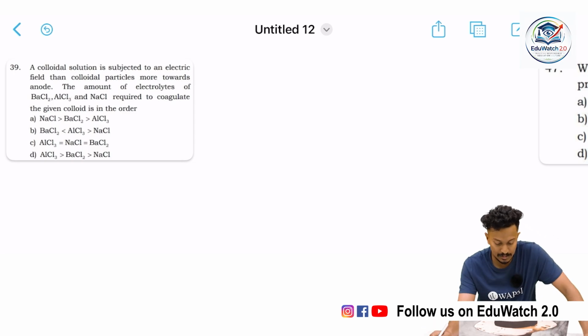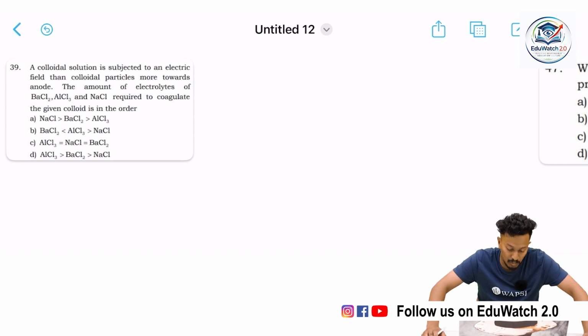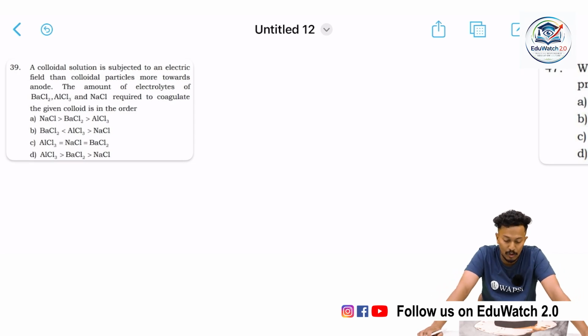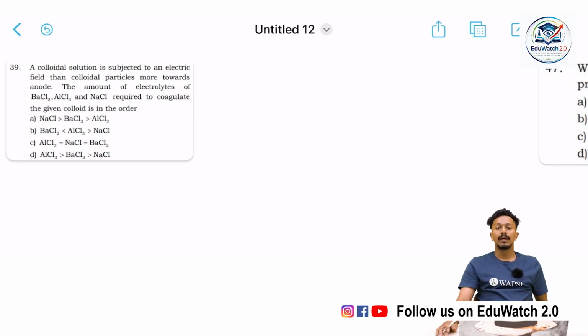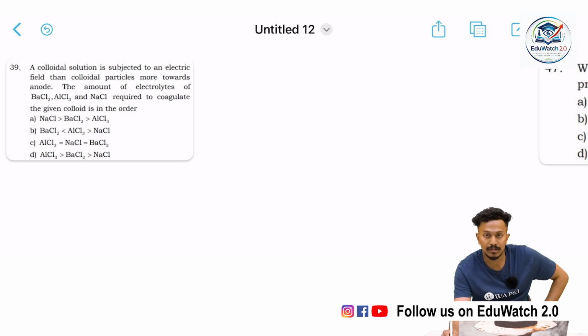A colloidal solution is subjected to an electric field and the colloidal particles move towards the anode. The amount of electrolytes barium chloride, aluminum chloride and sodium chloride required to coagulate the given colloid is in the order? You have to find out the amount of electrolyte required to coagulate.